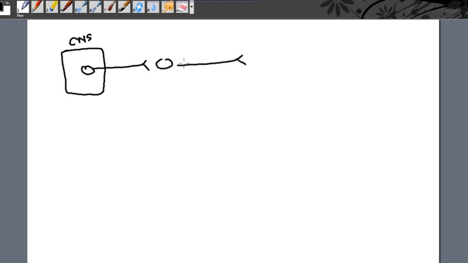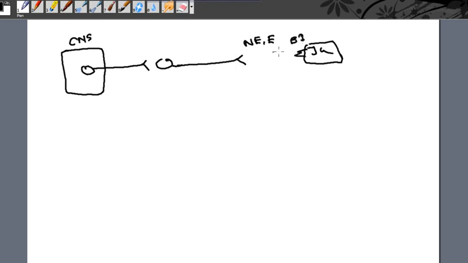The third important action is that, suppose this is the central nervous system again, and from the CNS you get a preganglionic neuron, and the preganglionic neuron synapses with a postganglionic neuron, and the postganglionic neuron releases norepinephrine and epinephrine, and this norepinephrine and epinephrine will stimulate the JG cell, will stimulate beta 1 receptor on the JG cell, right?